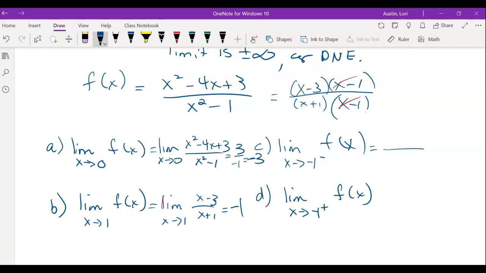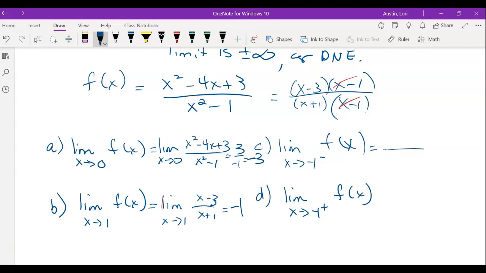So I have this function. The x minus 1s went away. We can get rid of those. We don't care about those. We're just looking at x minus 3 over x plus 1, right? So here's the thing. You know now there's a vertical asymptote at -1. What you don't know is what's happening when you approach from either side. Is my graph going up?